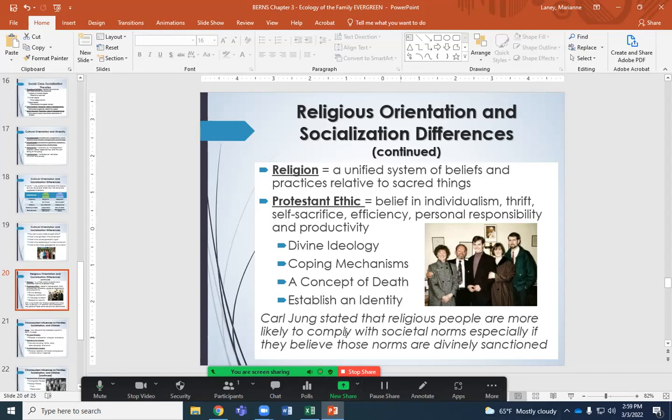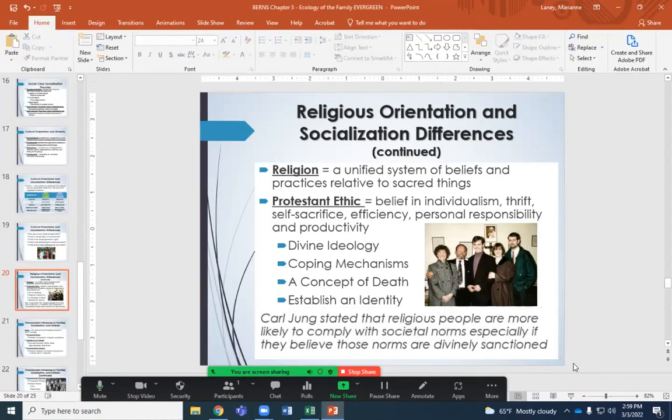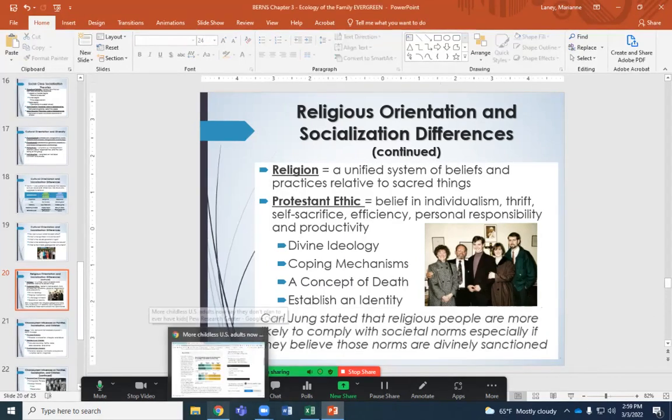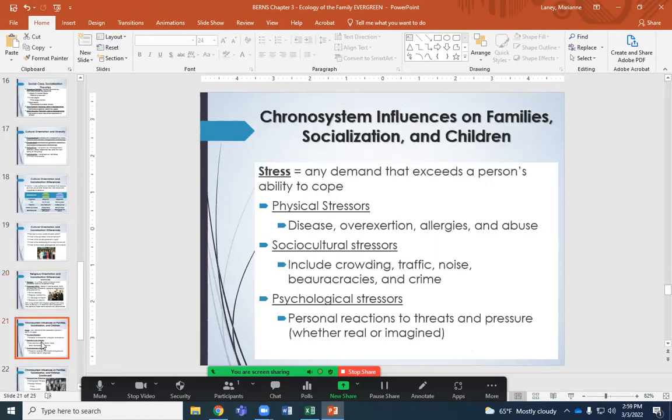I put here, Carl Jung stated that religious people are more likely to comply with societal norms, especially if they believe those norms are divinely sanctioned. Again, even on this Pew Research one, there was an article that said evangelical Christians favor procreation. Well, is that part of their teaching? Sure is, right? And they feel that that's the rules. They have to follow the rules.